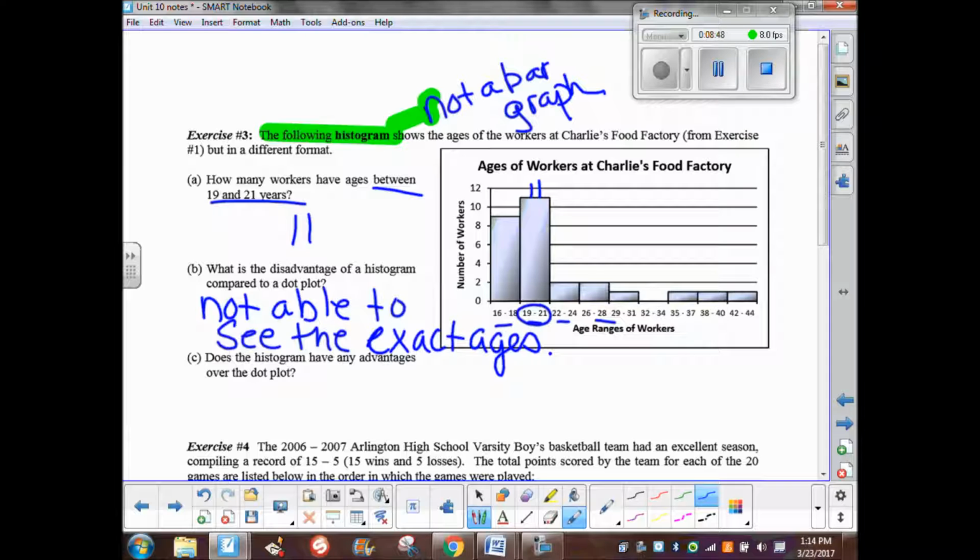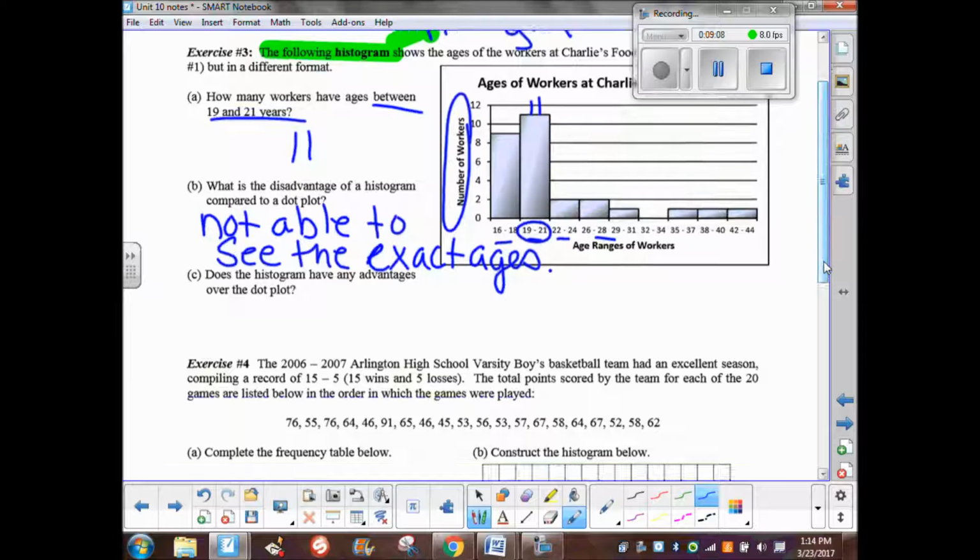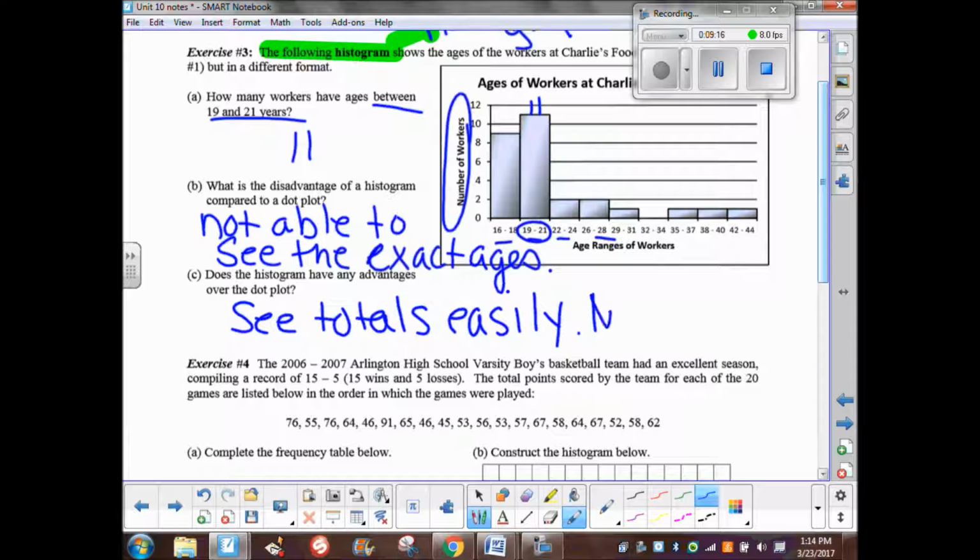Okay, it won't have to be too long. Because on the dot plot, what do you have to sit and do? Count those dots. Where right here, you can see the frequency on the left-hand side, and you're able to read the total frequency. No counting dots.